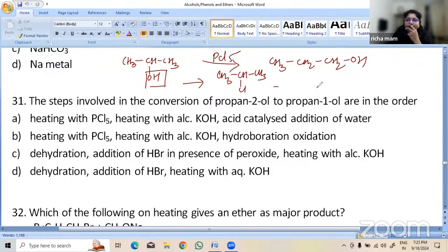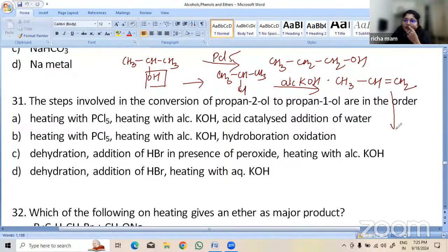Now further, we want to remove this Cl. So if we use alcoholic KOH, there is a removal of hydrogen halide. So what we are going to get is CH3CH=CH2.